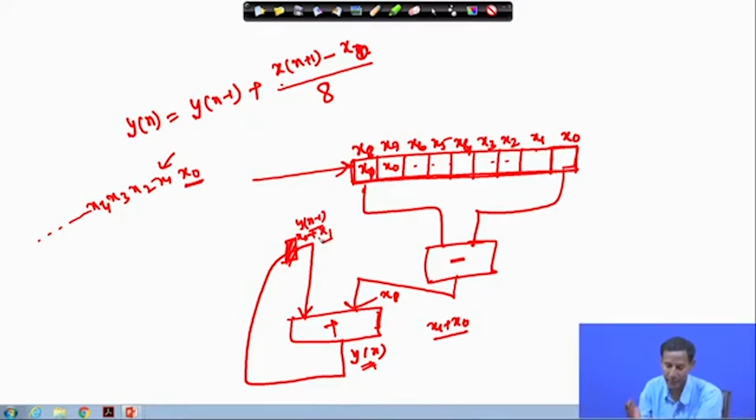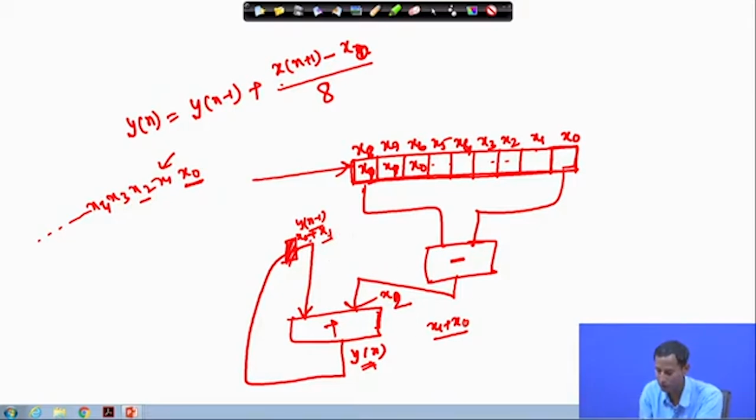Okay. Then again in the third clock cycle, what will happen? x 2 will come over here, x 1 will be here, x 0 will be here. So, now this value will update again with x 2, and initially the value was x 0 plus x 1. So, it will be x 0 plus x 1 plus x 2 now.